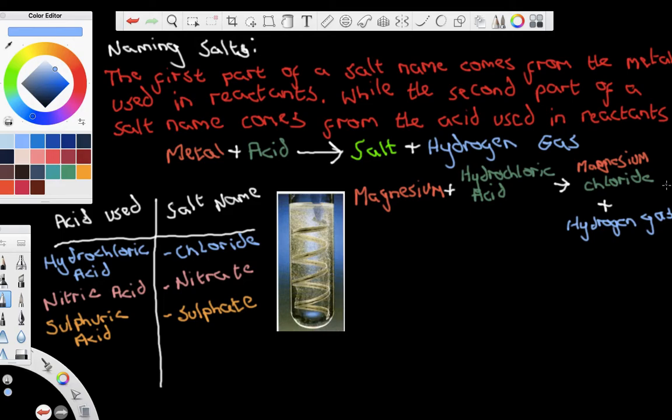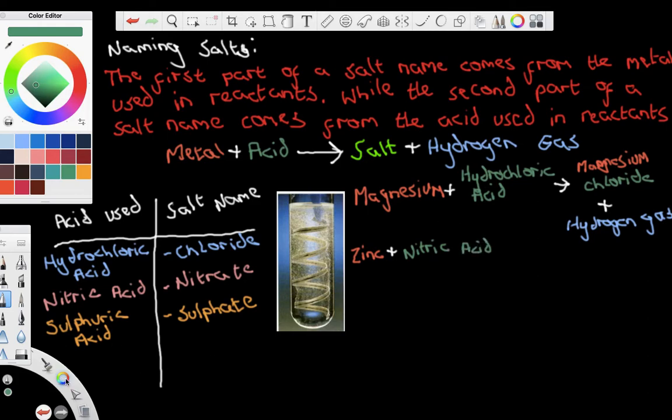Okay, let's have a think about another one. This time I'm going to use zinc, and I'm going to add it to nitric acid.